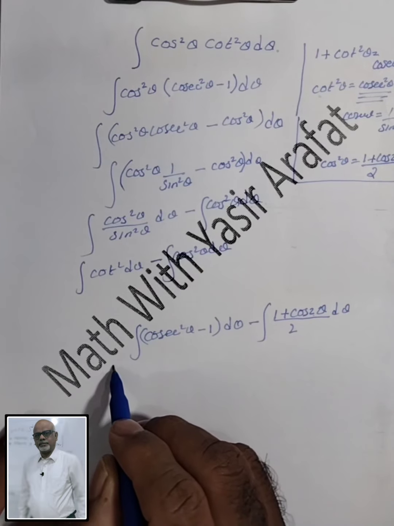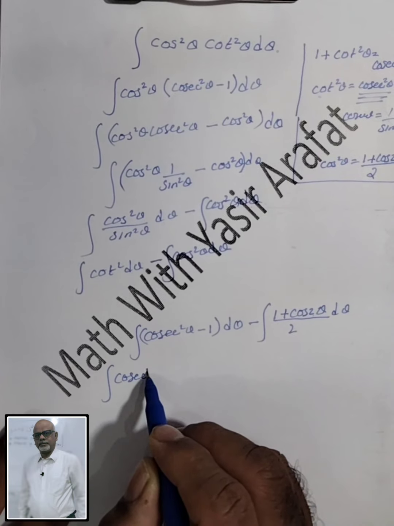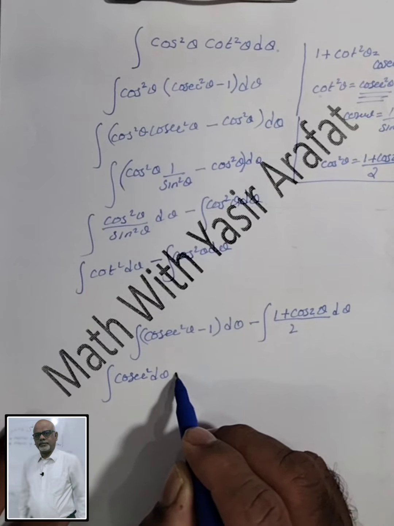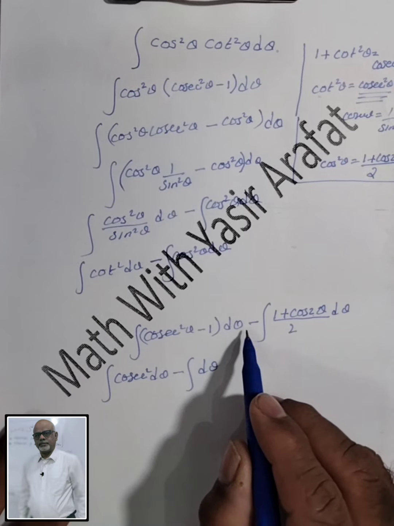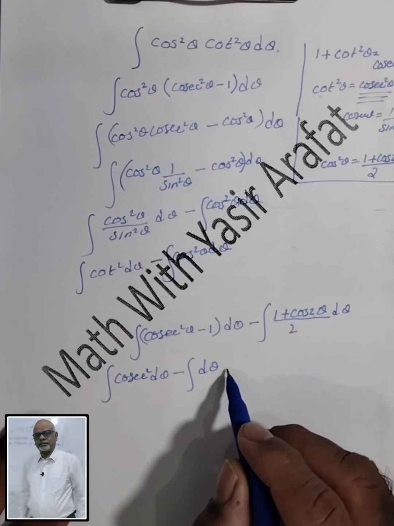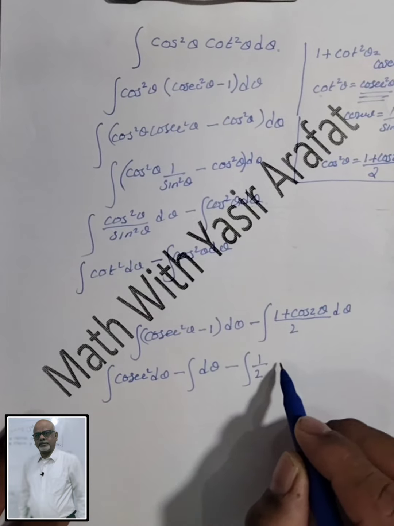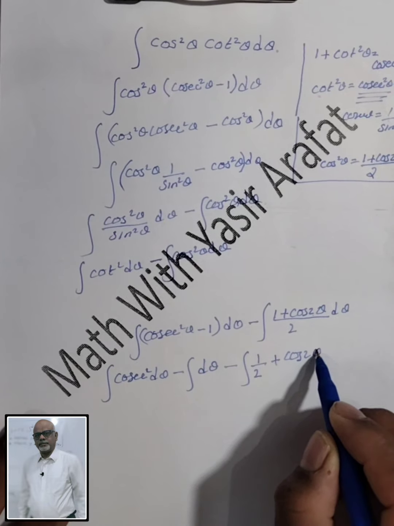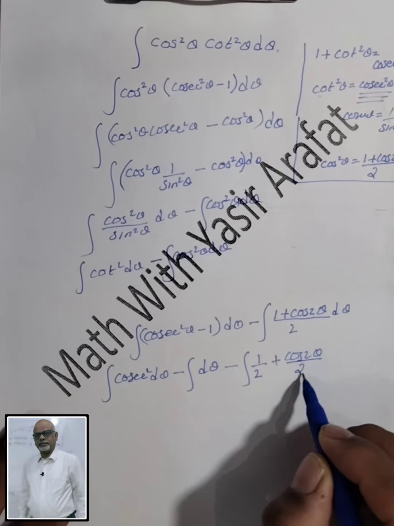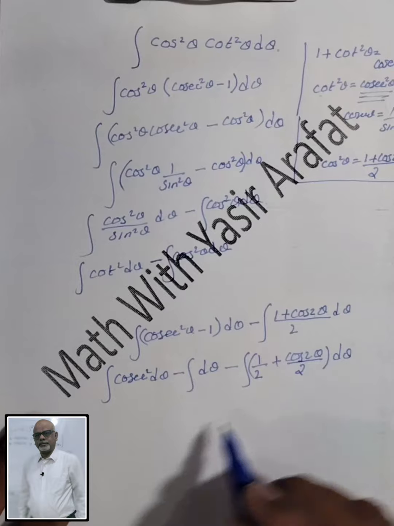Now we separate this one: cosec square theta d theta minus d theta. The sign of integration and d theta, we multiply this one. Separate the LCM, 1 over 2, cos 2 theta over 2 into d theta.